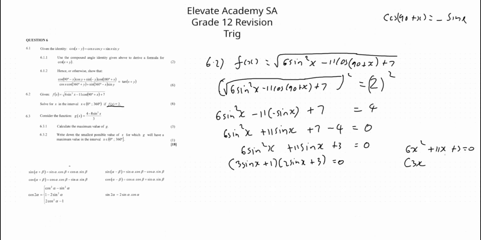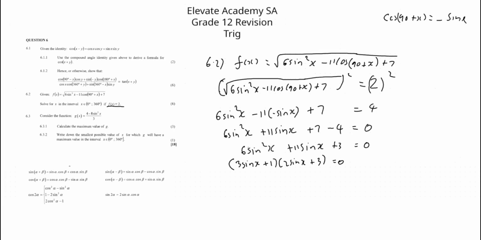So it'll be (3x plus 1)(2x plus 3). Same thing, but here we're just adding on the sine. I hope that doesn't confuse you, and you realize it's exactly the same thing. So when we're solving this, that's where the difference comes in.